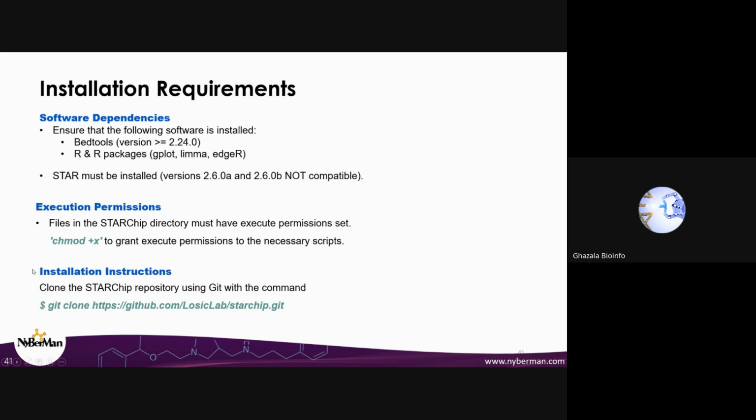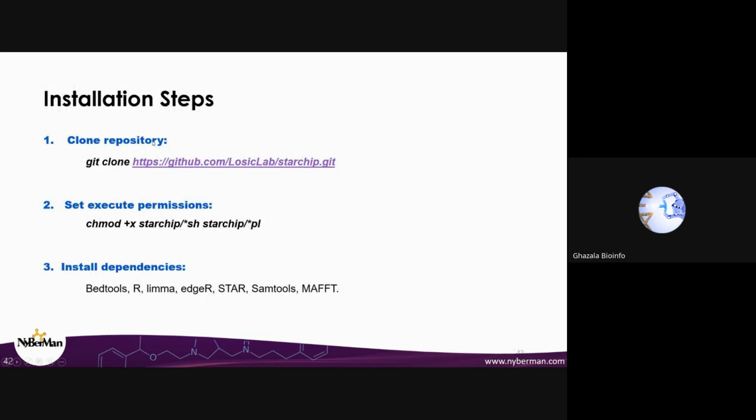To run STARChip on your data, you need to clone the repository that is there on GitHub. For that we just give the git command, and then you add the link for that repository to clone it.